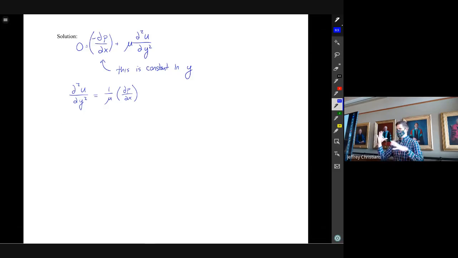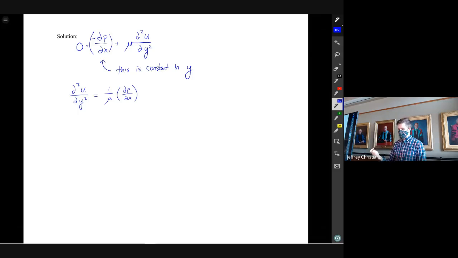And I'll put parentheses around dp/dx all the time, maybe that will help us remember this quantity is just a constant number.